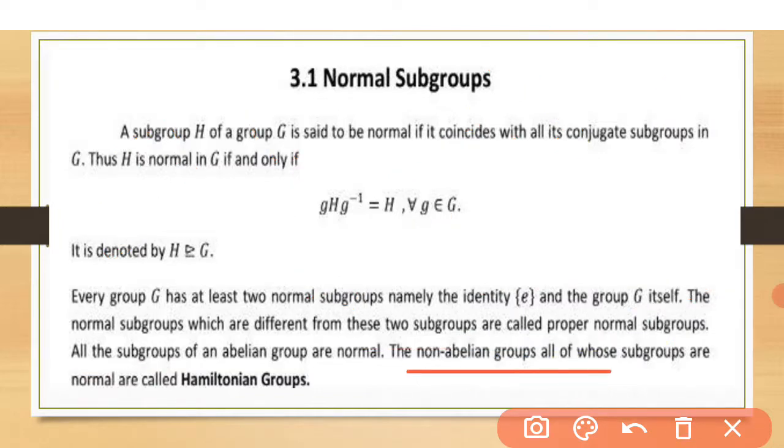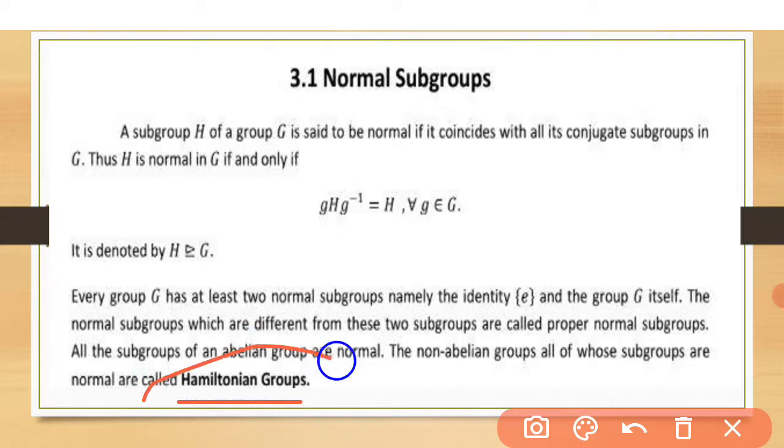Here is another statement: if any group is non-abelian but all its subgroups are normal, it has a special name, the Hamiltonian group.